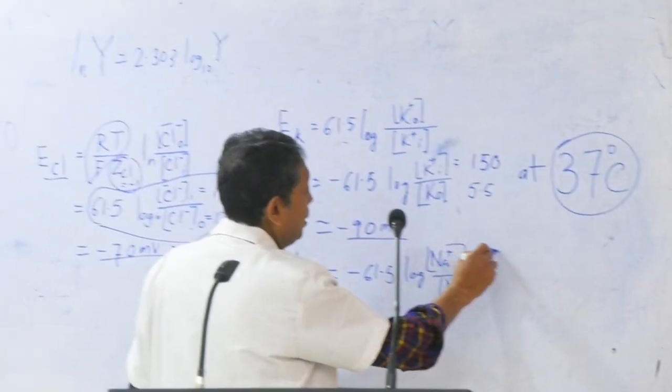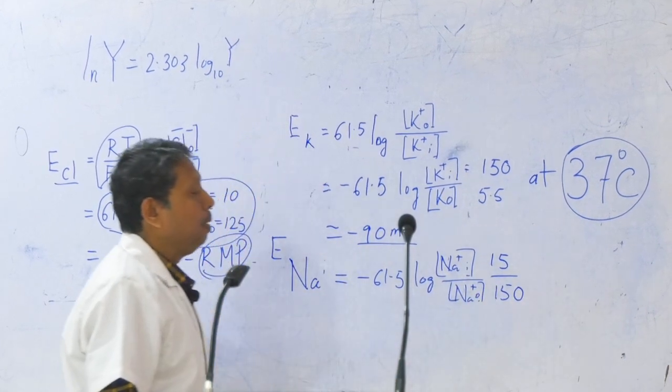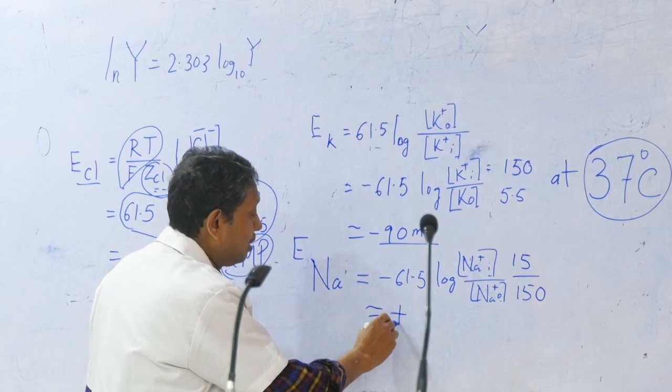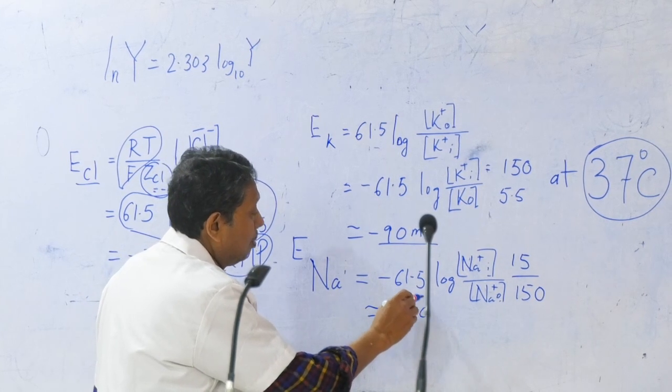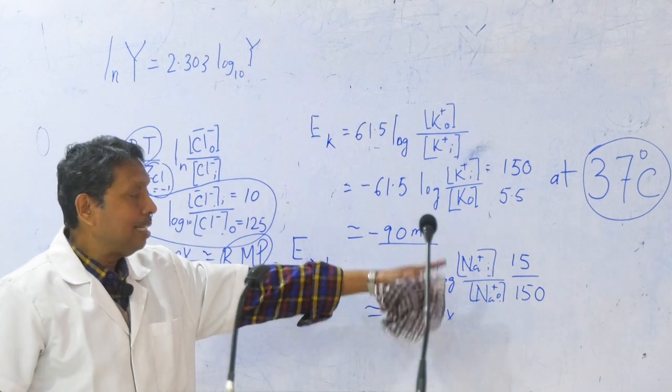Suppose you take this sodium ion concentration inside is 15 millimole per liter, and outside it is 150. So roughly it is plus 60 millivolt, 61.5 if you take the exact value.